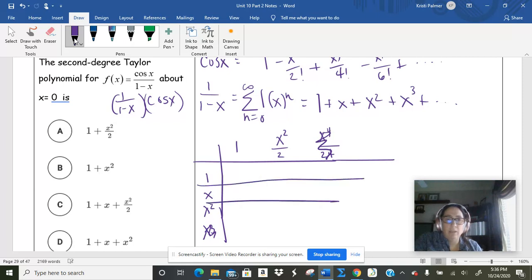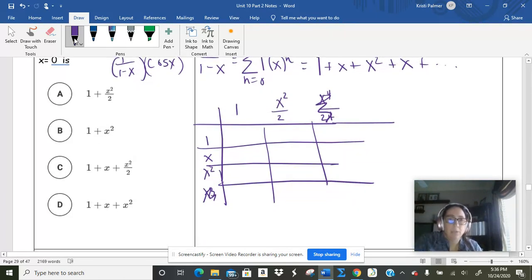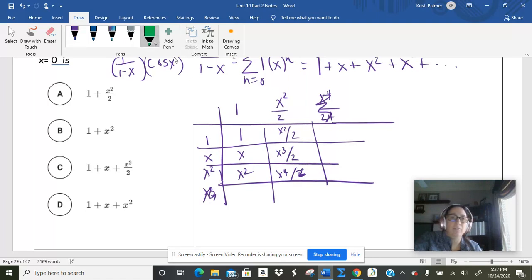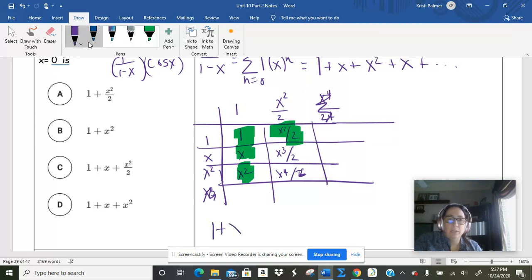So now I'm going to make these and see what I can find. This is 1, x, x squared over 2, x to the 3rd over 2, x to the 4th over 2, okay, and then it only wants to go to the x squared, so I'm only going to get those guys and put them together. So that's 1 plus x, so those are out.